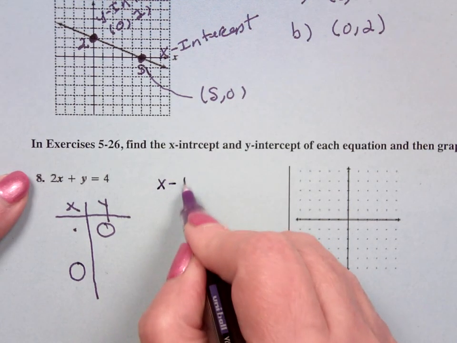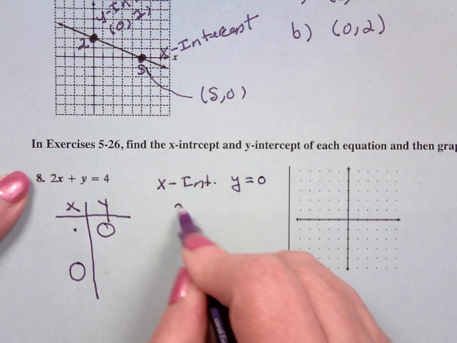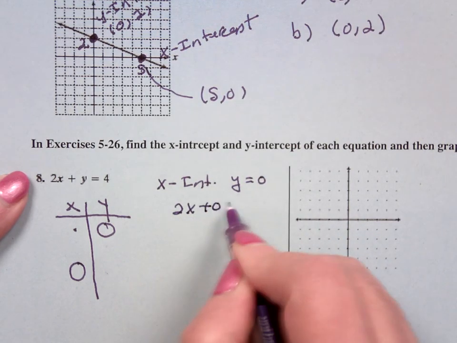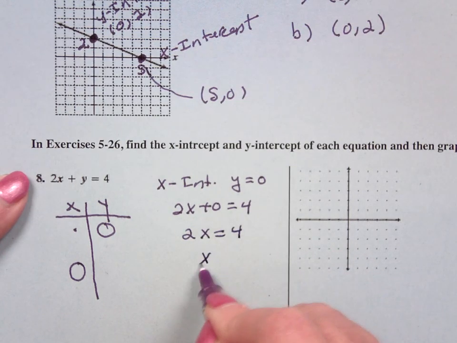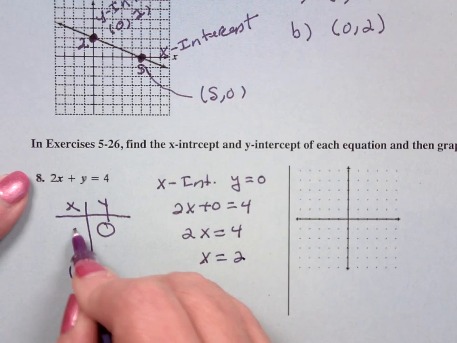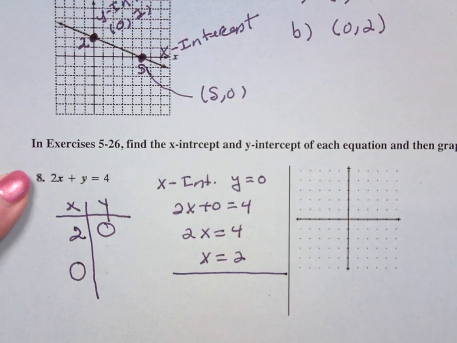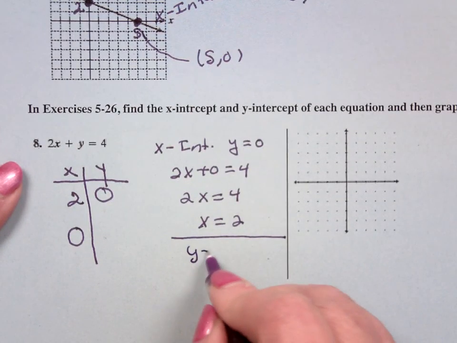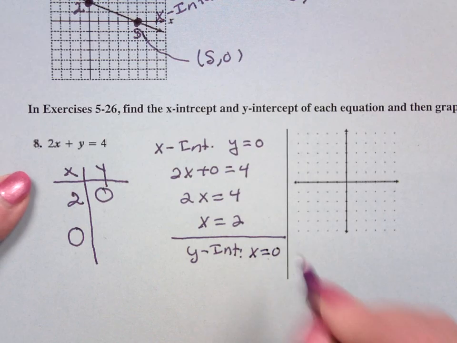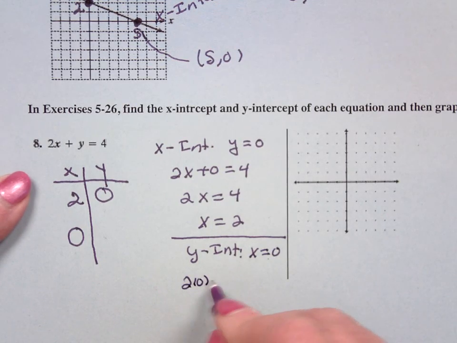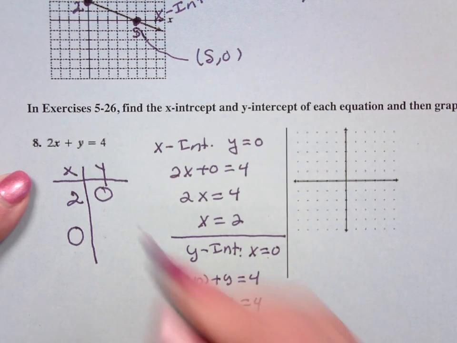So x-intercept, y equals 0, so 2x plus 0 equals 4. 2x equals 4, or x equals 2. So if y equals 0, x equals 2. The y-intercept is where x equals 0. So 2 times 0 plus y equals 4, or y equals 4.